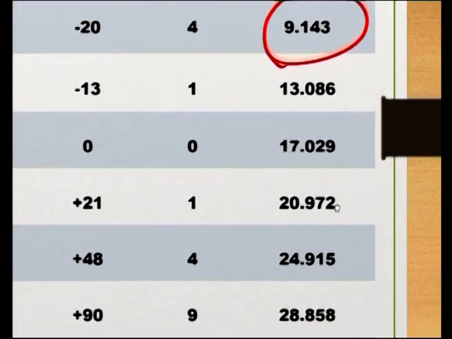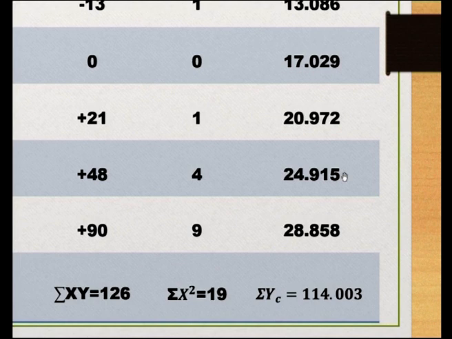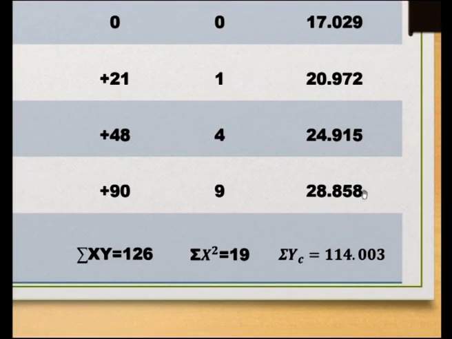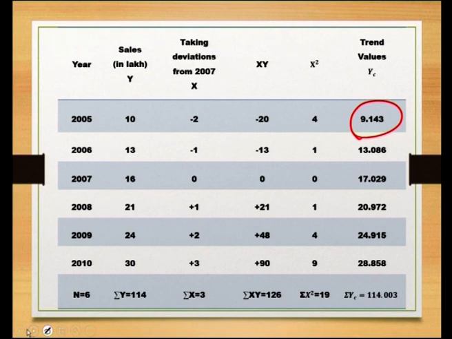Likewise, when x is equal to 0 for the year 2007, the value is just 17.029. Likewise, 20.972, 24.915 and 28.858 are calculated. These are the trend values calculated based on the trend equation found.